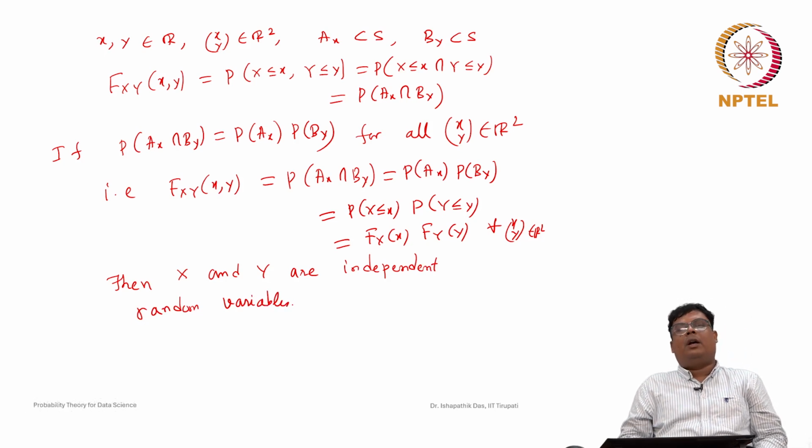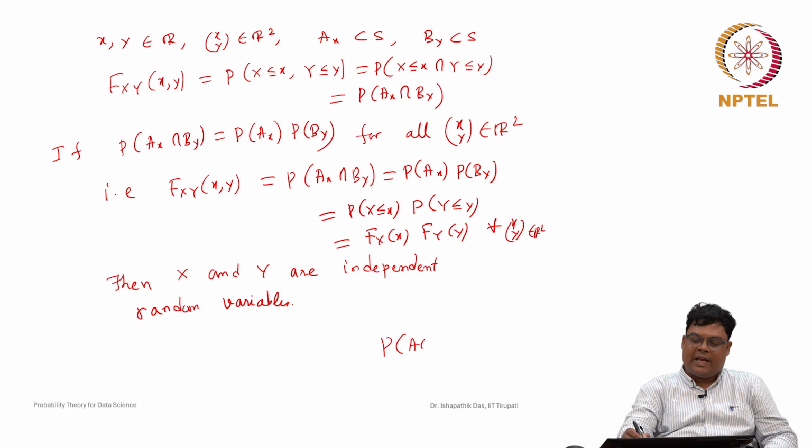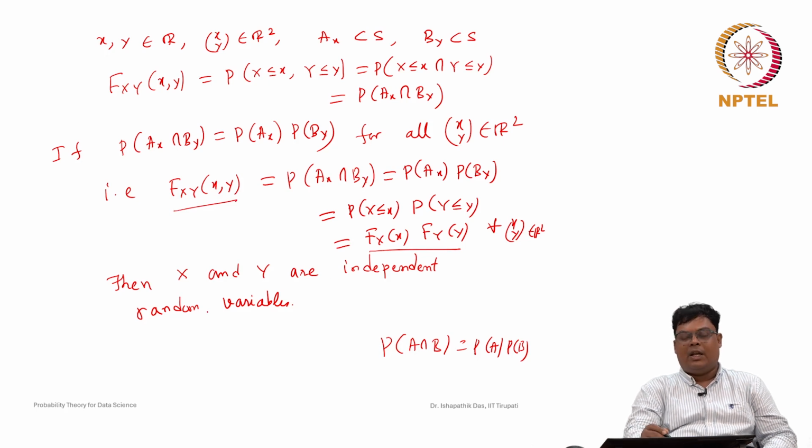So, we know the definition of two events A and B being independent: A intersection B has probability equal to the probability of A into the probability of B. But here x and y are also involved. For a particular x and y it may be true, but then we cannot say that the random variables X and Y are independent.